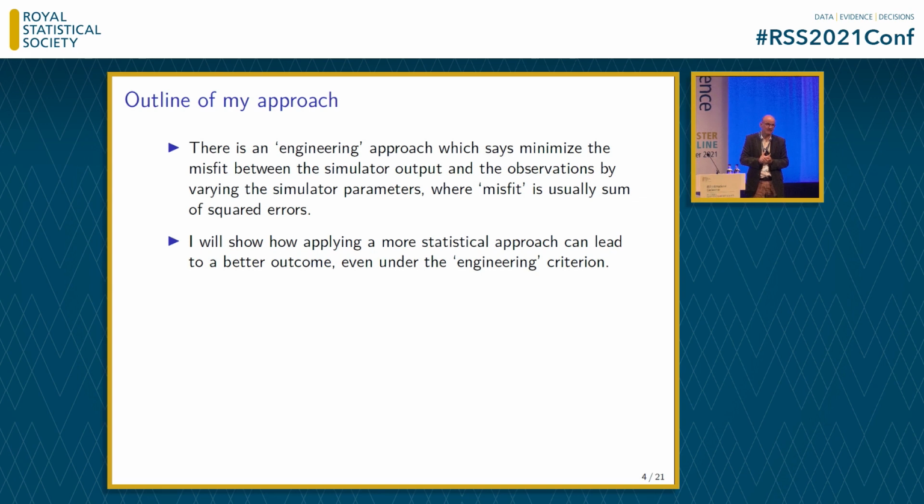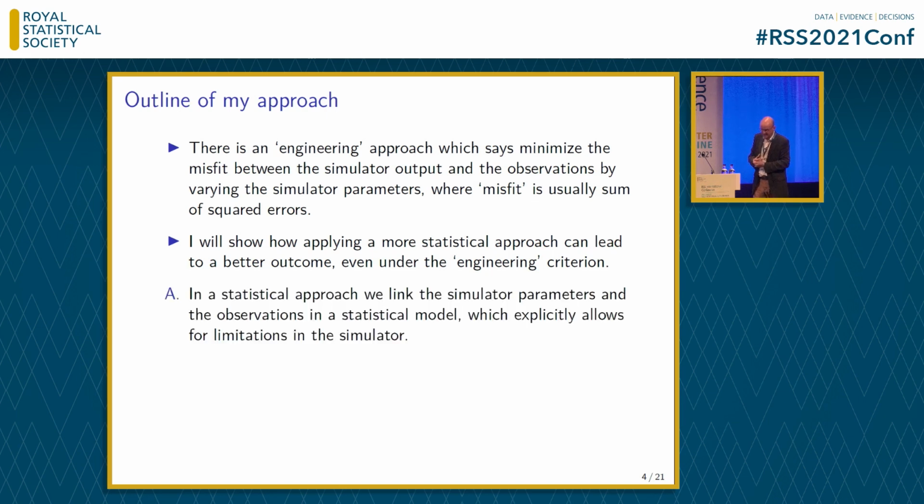So I tend to stress, when working collaboratively with other scientists, the need to find incremental improvements on current practice. That's value added from the statistician, if you like. And that's what we're going to explore today, whether as statisticians we can add value to the engineering approach by trying to be a bit more realistic about the problem that we're trying to solve.